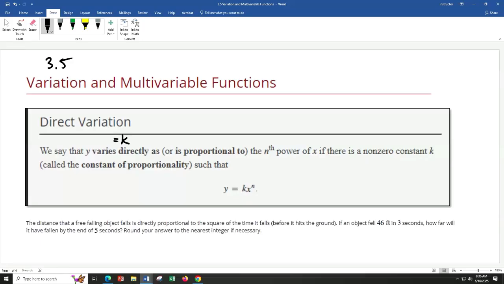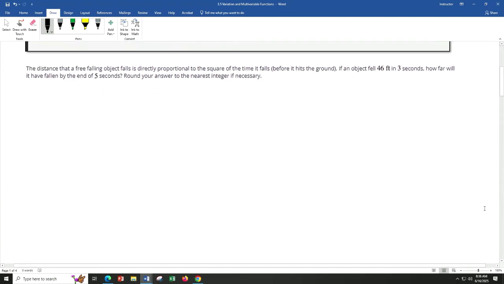So notice this first one here. The distance that a free falling object falls is directly proportional to the square of the time it falls before hitting the ground. Let's just parse out that information and see if we can find the formula.